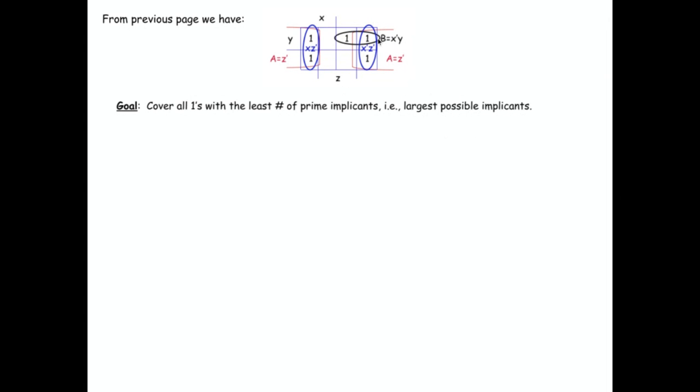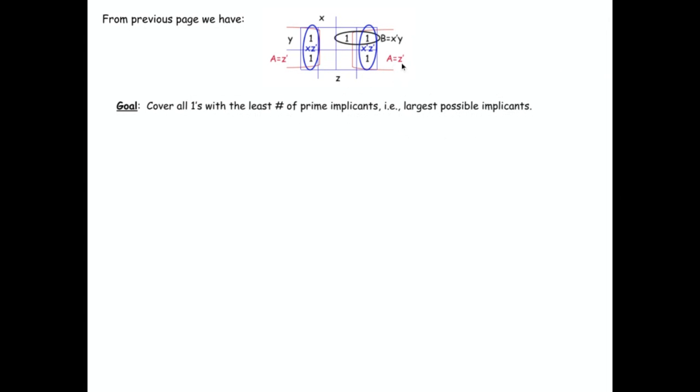And as a general rule, if we always stay within these rules, the least number of prime implicants, meaning the largest implicants possible, okay. Or in other words, this function is complement of z plus x complement y z.